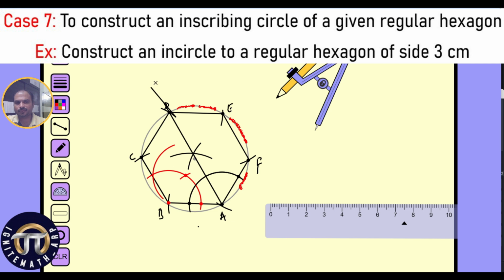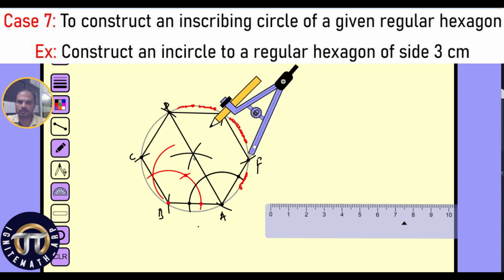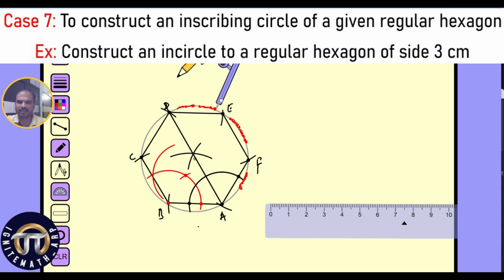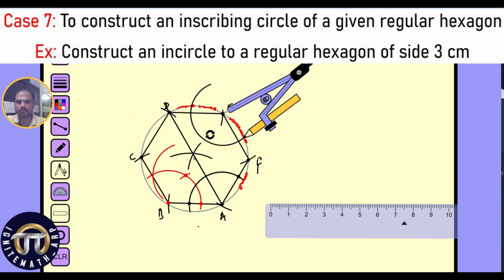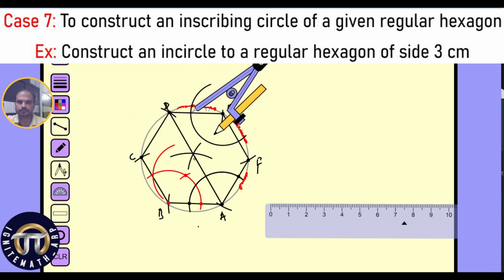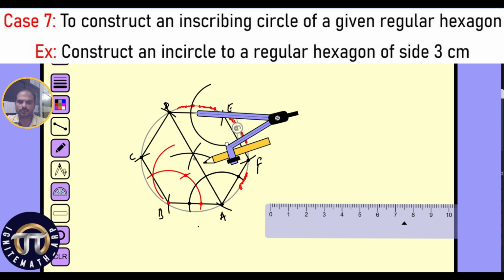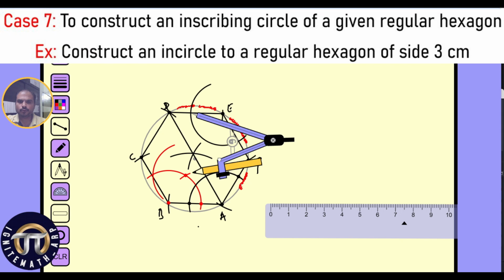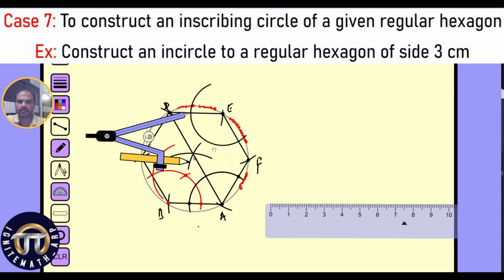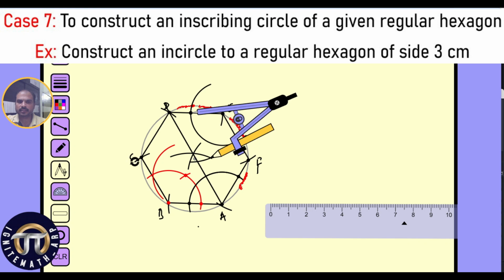You can extend it, no issues. That is the angular bisector, and I will draw the angular bisector of another angle. Say for example, I will choose E. So now I'll choose angle E and draw the angular bisector of angle E, with a suitable length of the compass.